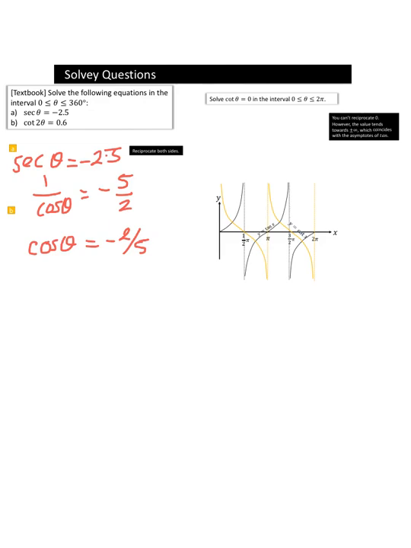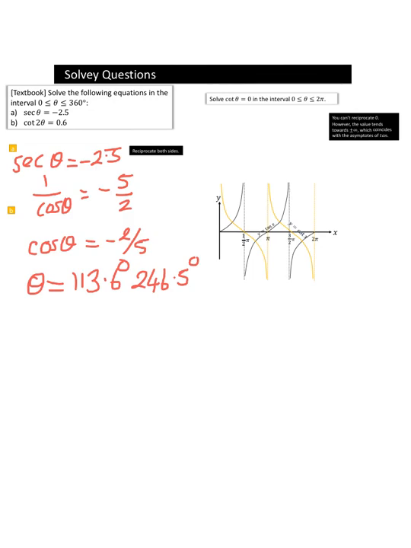So working everything out in the normal way, we will get theta is equal to 113.6 and 246.5 degrees. Always check whether you're working in degrees or radians. It tells us here that the range is in degrees.